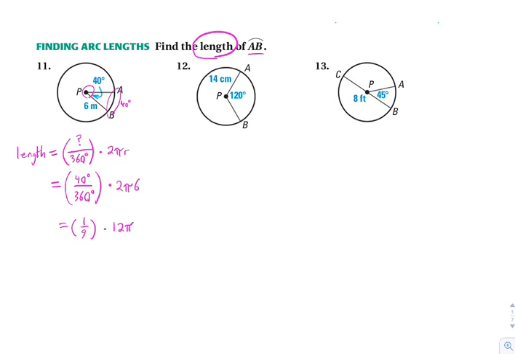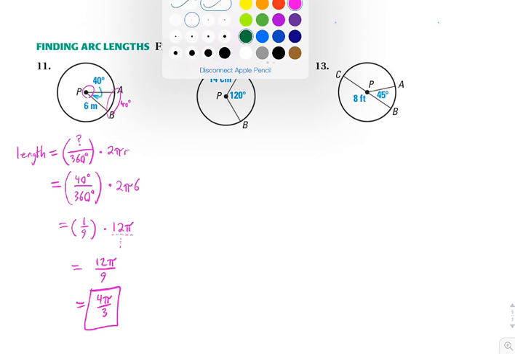Now multiplying these together, I'm going to put this over 1. Fraction times fraction, that's 12 pi over 9, which I could simplify. There's a 3 in top and bottom, so that's 4 pi over 3. And that's a great exact way to leave your answer, or an approximate depending on what you would like. Up here the question never specified, so I'm going to choose to leave it as an exact answer.